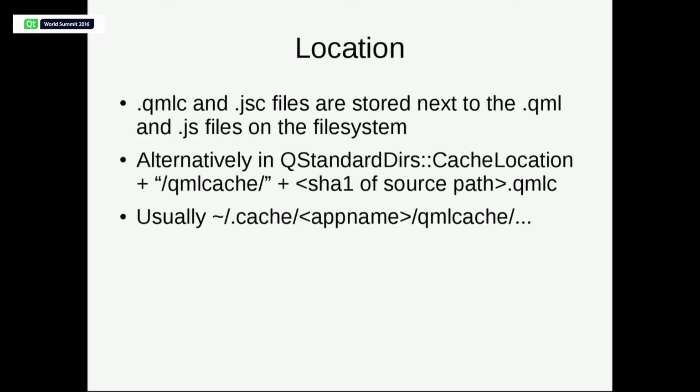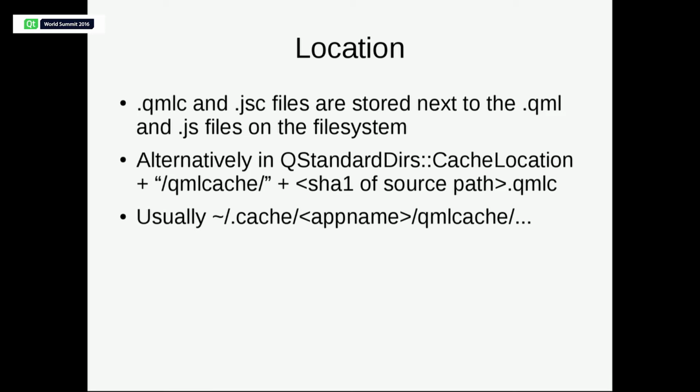The location where those files go follows a simple two-part strategy. First, we try to store the cache file next to the QML file or the JS file. The same thing works for JavaScript imports. So we store it right next to the QML file. But it might happen that we don't have write access to that directory, which is quite possible.